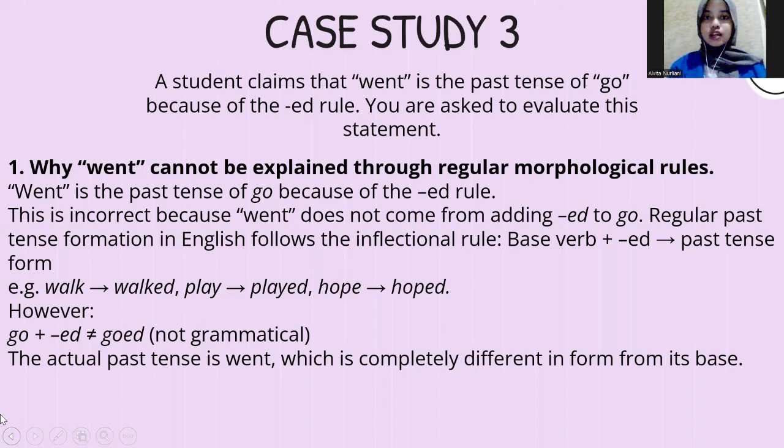In English, regular past tense formation follows the inflectional rule, which means base verb plus -ed is the past tense form, like the examples walk to walked, play to played, hope to hoped. But go plus -ed is not grammatically correct. And the actual past tense is went, which is completely different in form from its base.